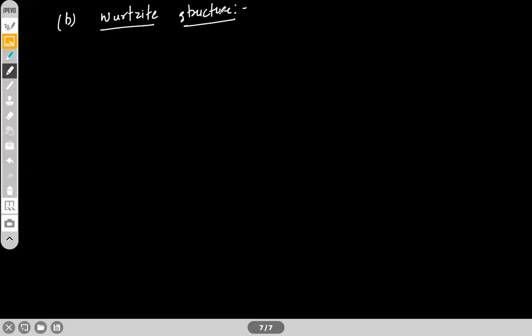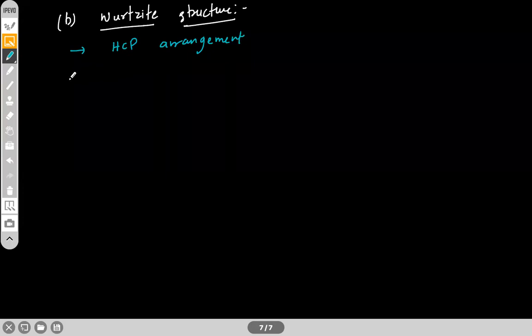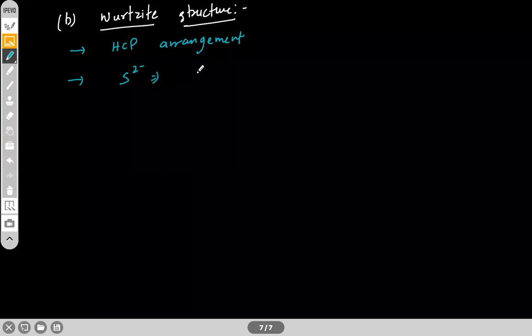This one has an HCP arrangement, hexagonal close packing. The S2 minus sulfide ion forms the HCP arrangement.